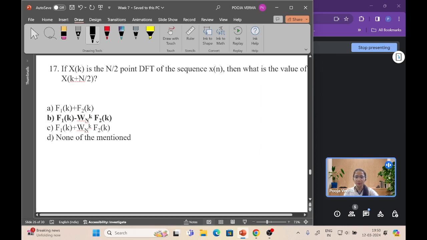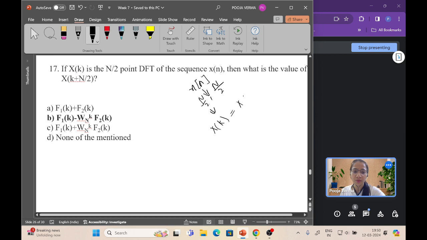So already we have solved this question. If we solve it again, already we know that the sequence x of n is divided into n by 2 points, one is the even sequence and one is the odd sequence. And already we know that X of k follows the periodicity property.